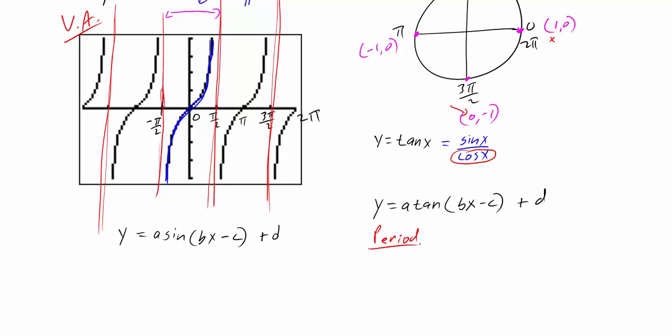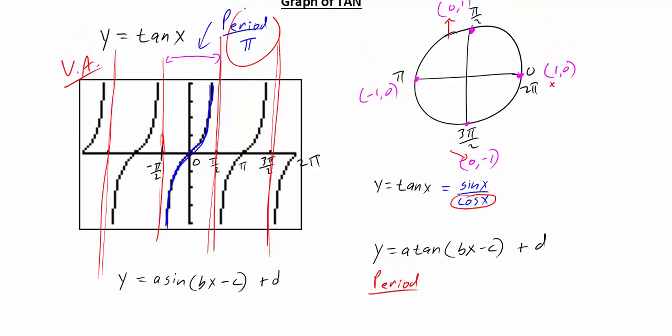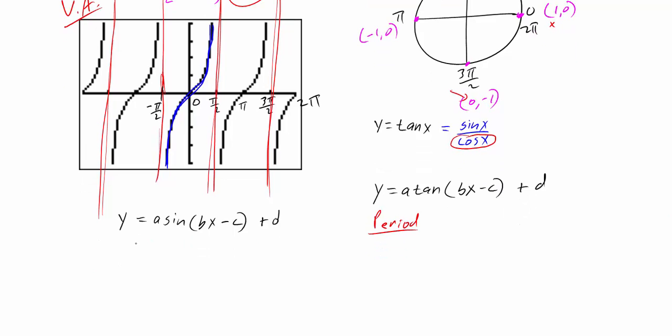We said that the period up here was equal to pi. So with the sine function, we took 2 pi over our b value. That was when we were looking at the sine and cosine. But over here, because the period for the tangent is pi, it's going to be simply pi over the coefficient of x, which is pi over b.